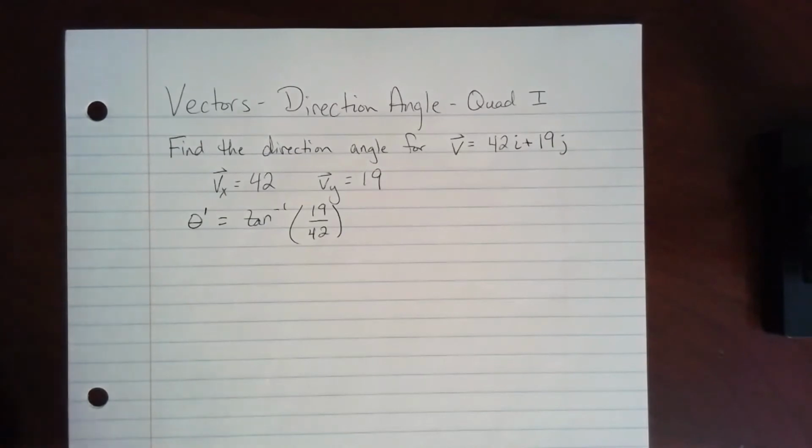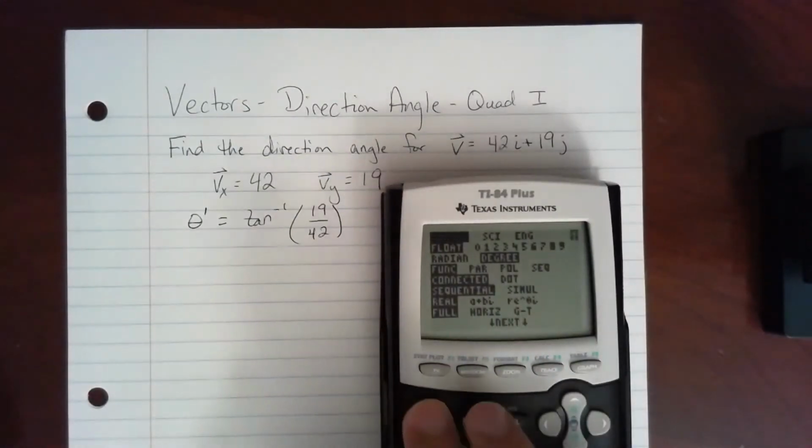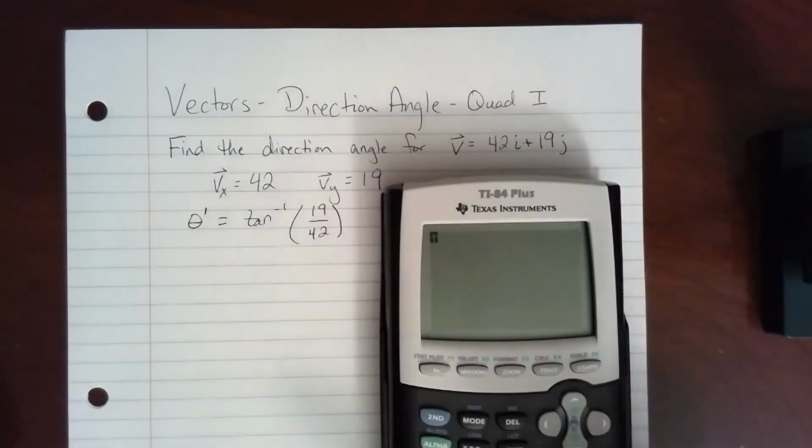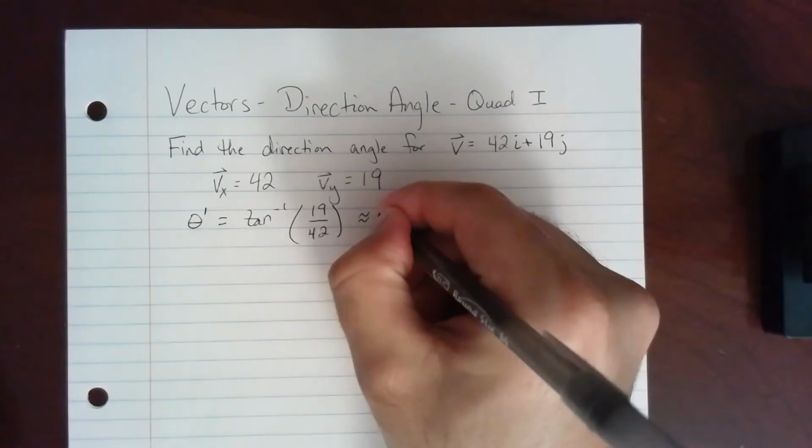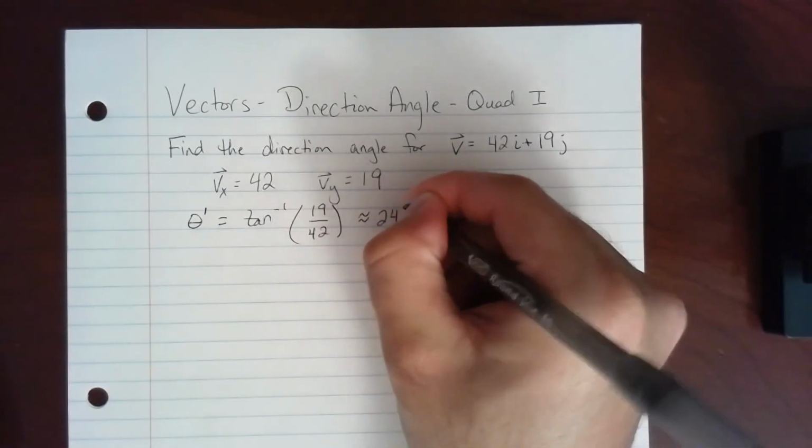So we're just going to take a look, make sure we're in degree mode. And then we're just going to go in and say, well look, tangent inverse of 19 divided by 42, and that gives me approximately 24 degrees. So we're going to say approximately 24 degrees, and then we're just going to check.